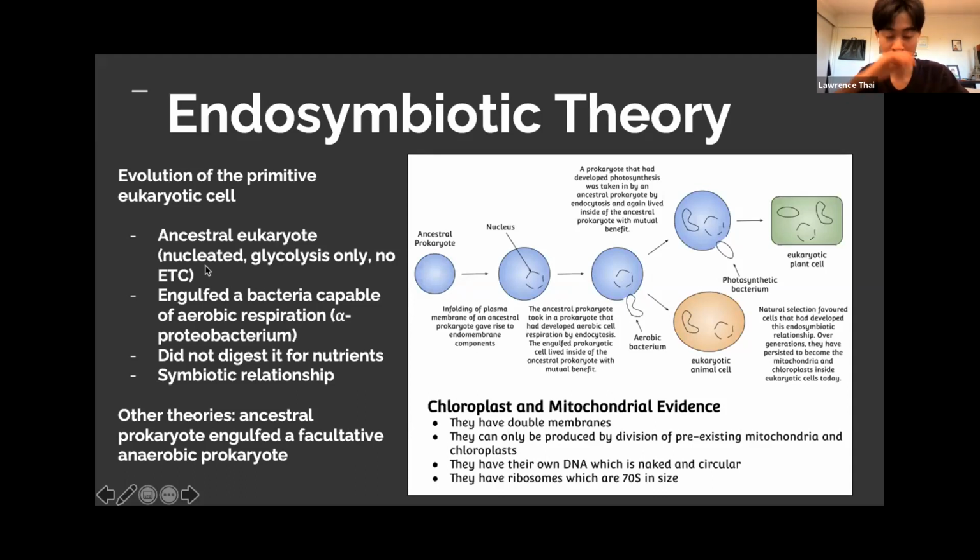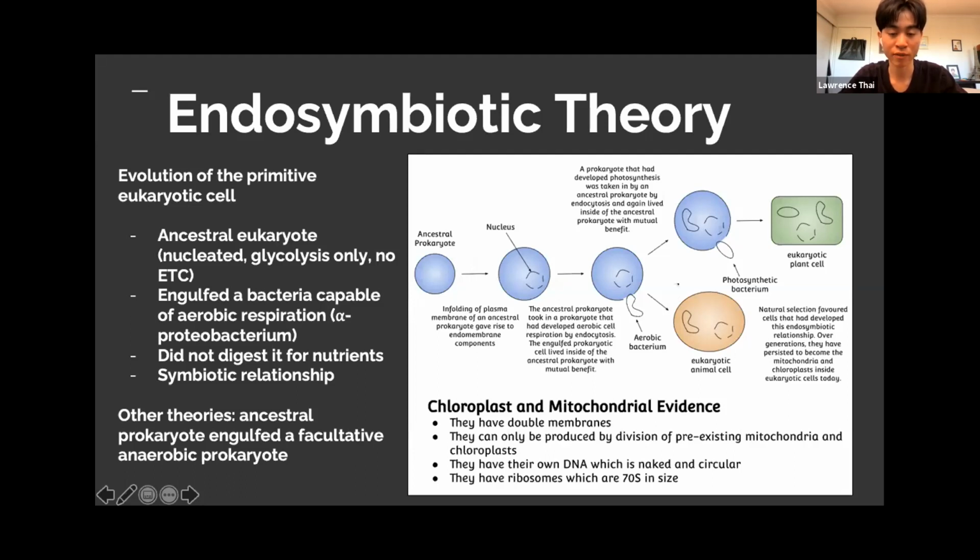So they're nucleated and they could only do glycolysis before. There was no electron transport chain or anything like that involved. These ancestral species were most likely facultative anaerobic.